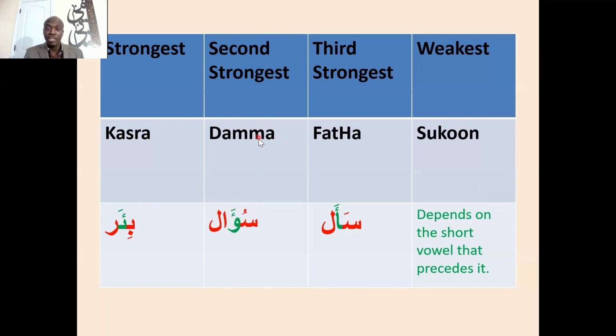And we say that the Dhamma is stronger than the Fatha, because the Dhamma is the second strongest, which means the Fatha is weaker than the Dhamma. So the Dhamma dictates the proper seating, and the Dhamma brings us the Waw as a seat for the Hamza.